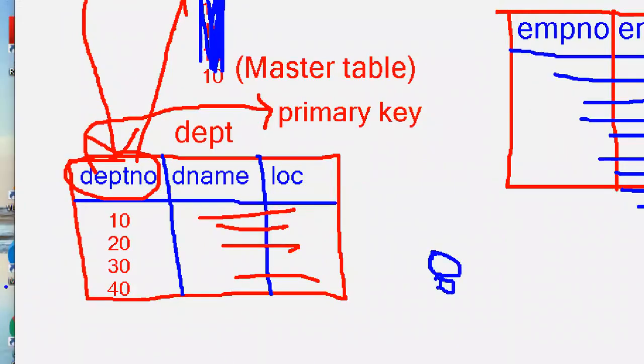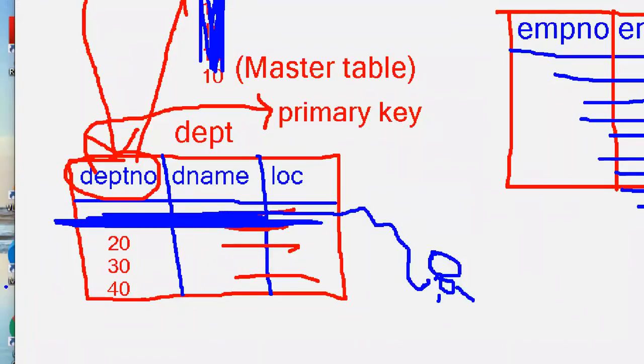In a project, for example, I try to delete this department number, the 10th department, from the master table. Possible or not possible? I try to remove this record. Anybody guess? Very good.